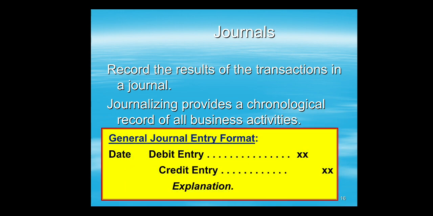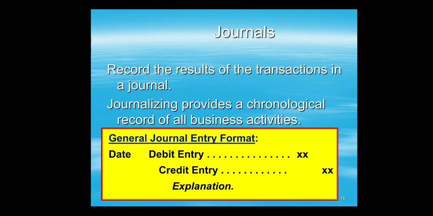Okay, like I said earlier, in this course you will learn how to record business transactions in the general journal. Okay, this is the format of a general journal entry. So first, see the yellow box here.